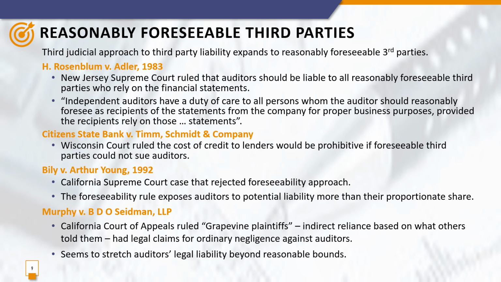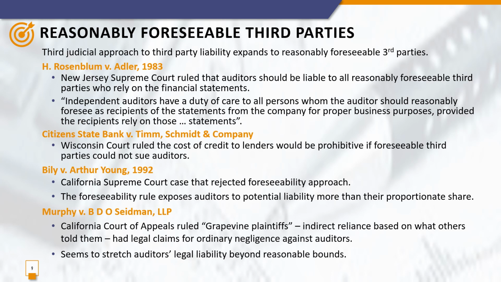The New Jersey Supreme Court ruled that auditors should be liable to all reasonably foreseeable third parties who rely on the financial statements, and stated that independent auditors have a duty of care to all persons whom the auditor should reasonably foresee as recipients of the statements for the company for proper business purposes, provided the recipients rely on those statements.